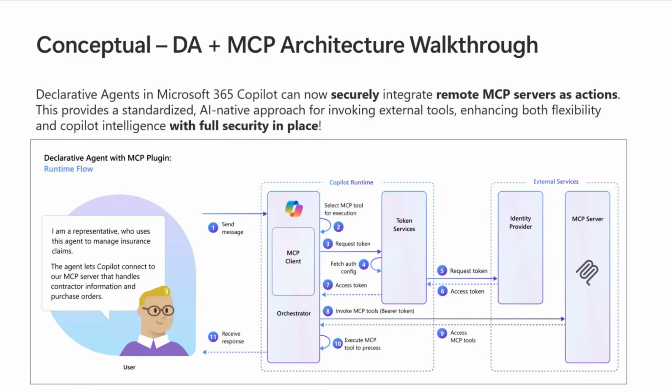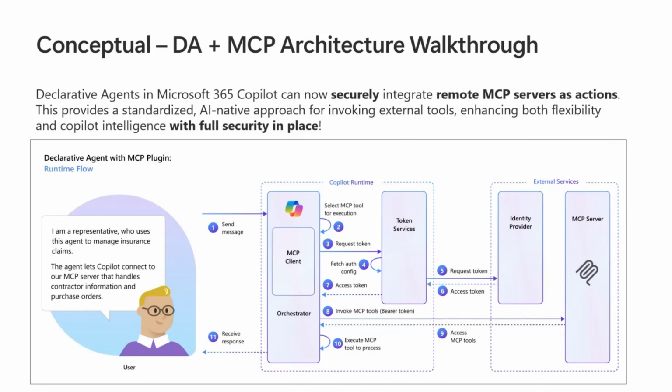If there is security in place, through the token services of the Copilot runtime, we will issue a request to get a token to consume that specific target MCP server. The engine of Copilot will fetch the configuration of the authentication and authorization, and will make a request for a token on the target identity provider, which is protecting the MCP server we are consuming, and we will get back an access token.